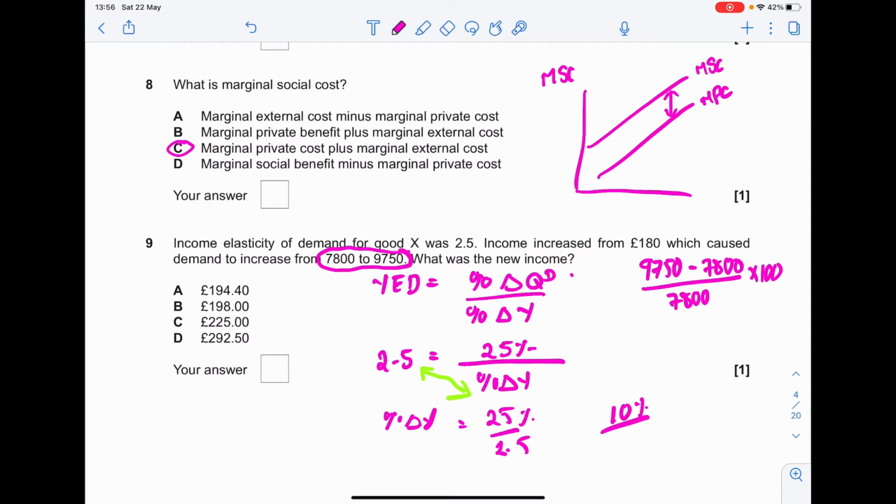So our income has changed by 10%. It says income increased from 180, which caused the demand to increase. What was the new income? So we need to work out 10% of 180, which is 18, and then we add 18 onto 180, which is going to give us 198.